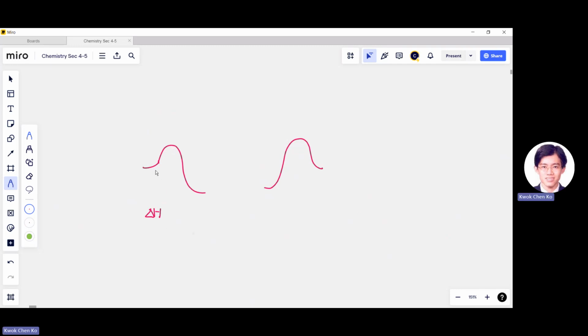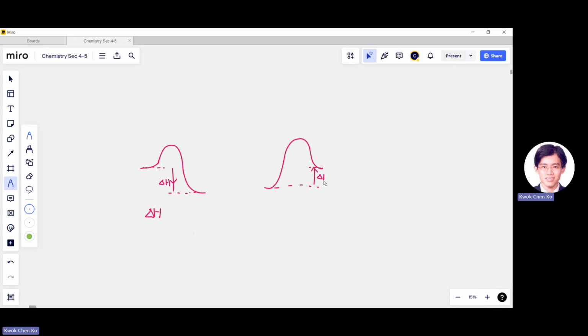No, delta H is always between the final and the initial. So this is initial, this is final. Mingting, make sure you recognize these two. This is delta H. Notice my arrow is always from initial to final.